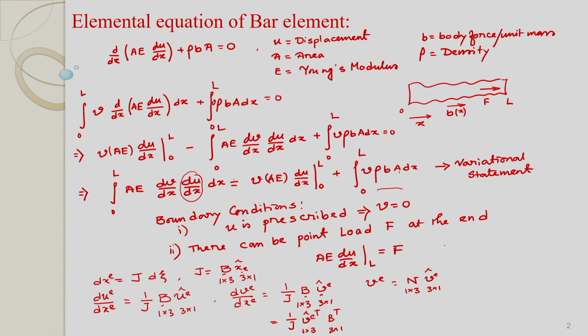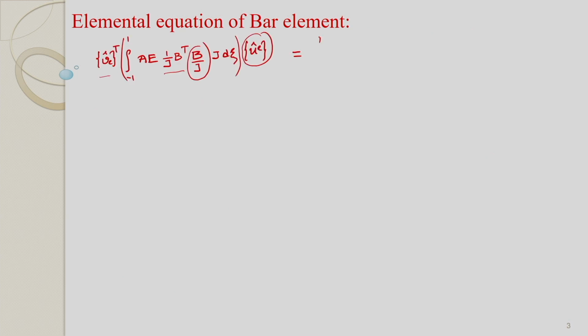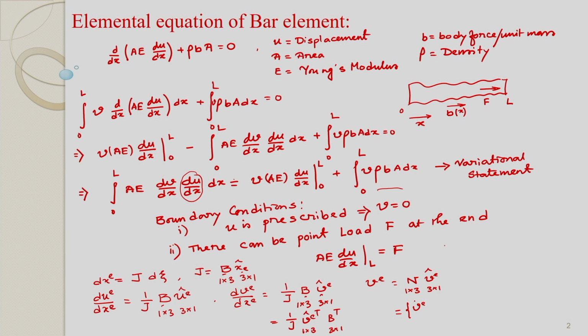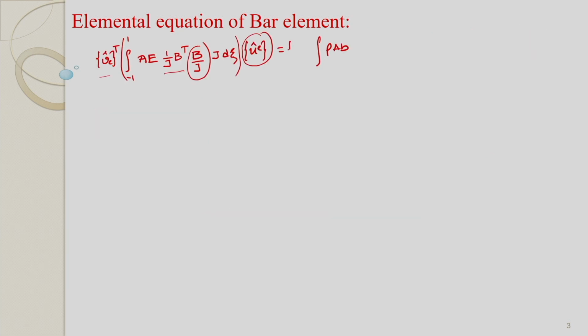So, rho A is a scalar constant, rho A B can be function of x, and V we can write as, again this V e transpose we can take outside the integration, and so V is V e hat transpose N transpose.